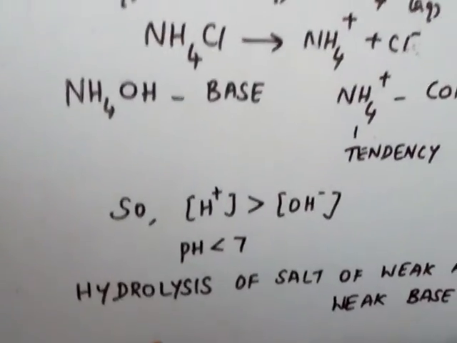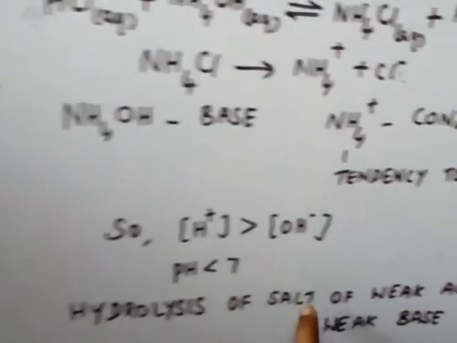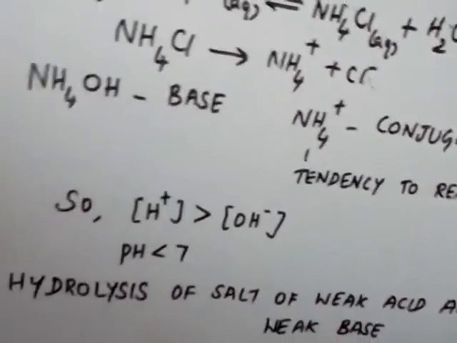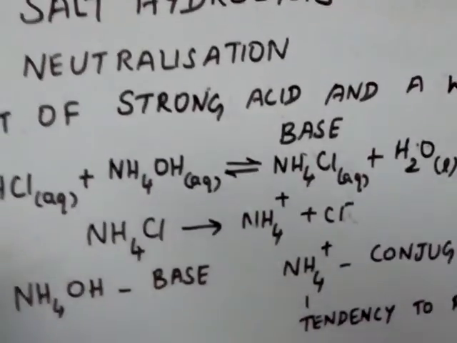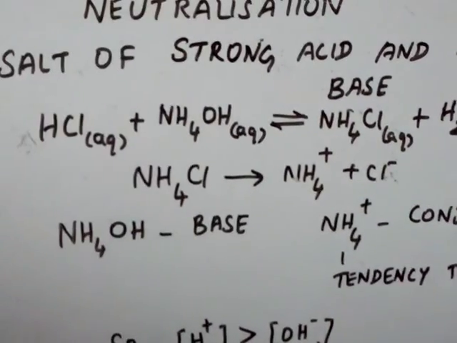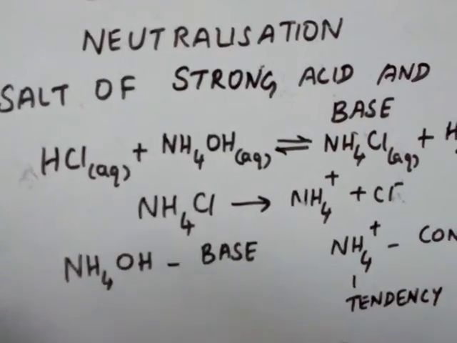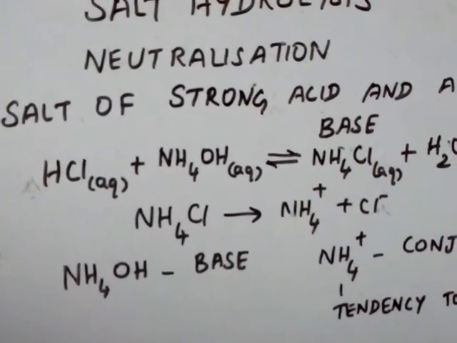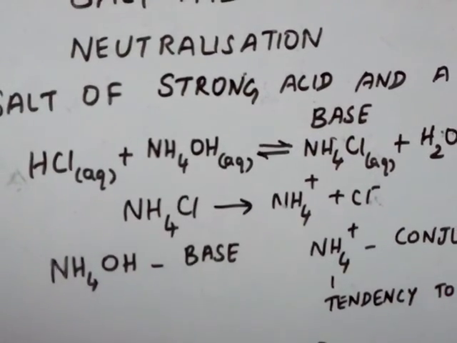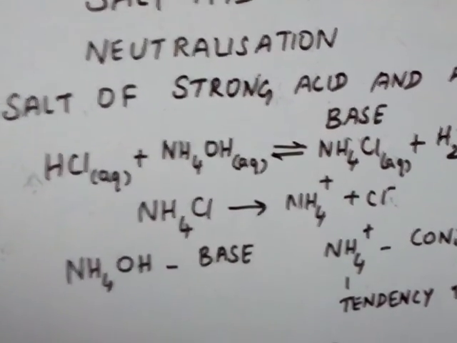And finally, hydrolysis of salt of weak acid and a weak base. So, with this, today we will complete this session, students. In the next class, for the second and third types alone, there is a derivation. That we will discuss in detail, students. Thank you, students.